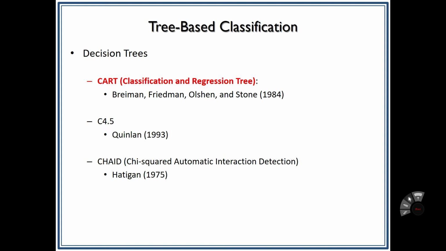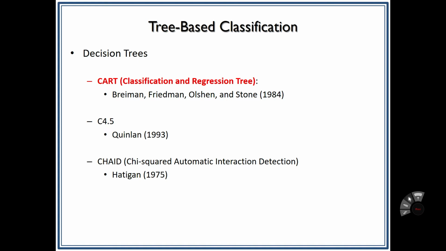In fact, there are several tree-based classification techniques, as you can see from this slide. The first one is CART, which is short for classification and regression tree, that was developed by these four people, and C4.5, which is developed by Quinlan at this year. And this CART was developed in 1984.